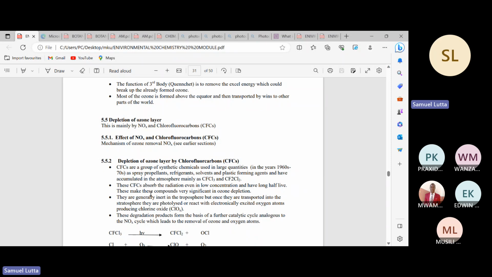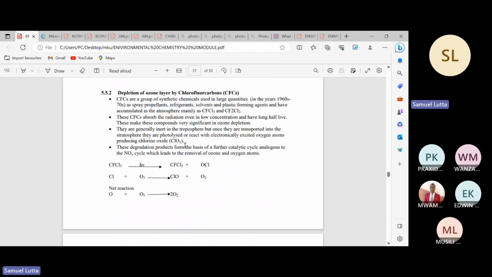They can stay in the atmosphere for a long time, and when they do, they can take part in the free radical reaction and in the process cause ozone depletion.